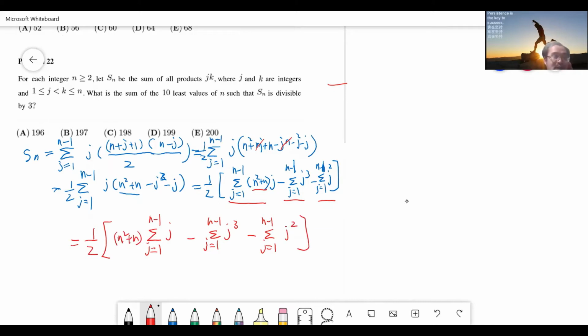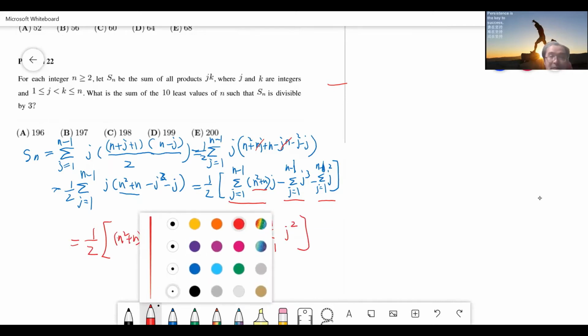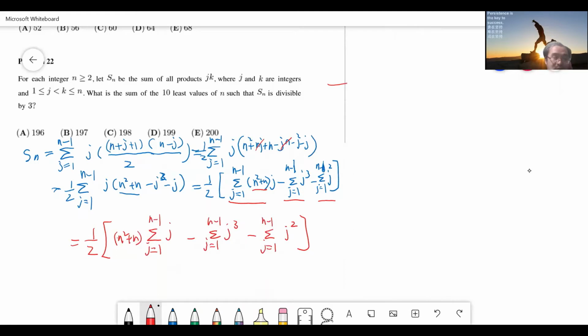So now basically we have three basic summation formulas, right? I'm going to write these as three basic formulas. The first one, the summation of j equal to 1 to n minus 1 of j, is basically 1 plus 2 plus 3 all the way to n minus 1.